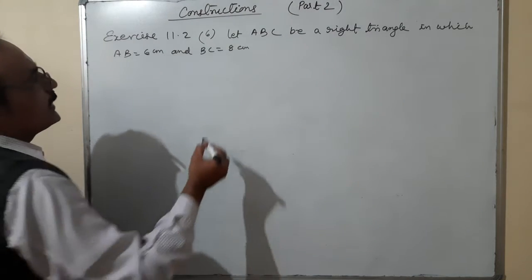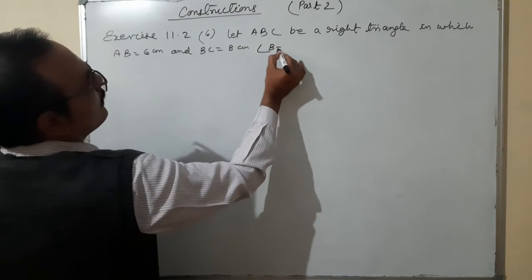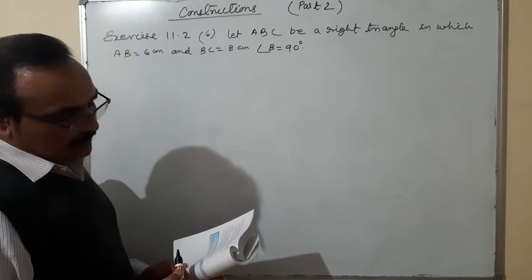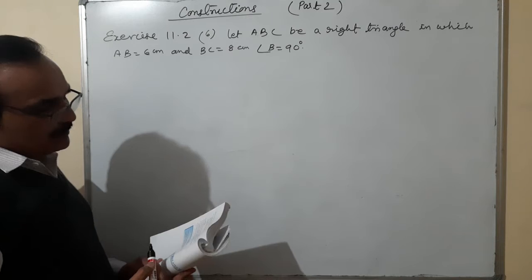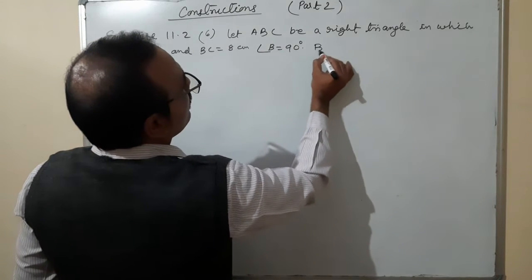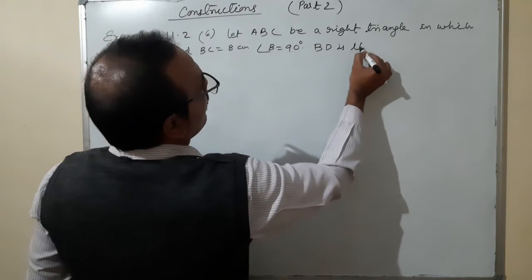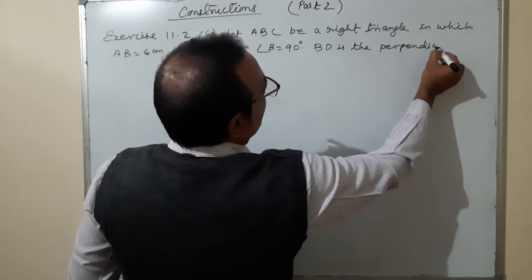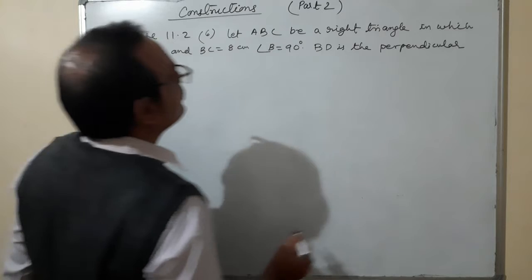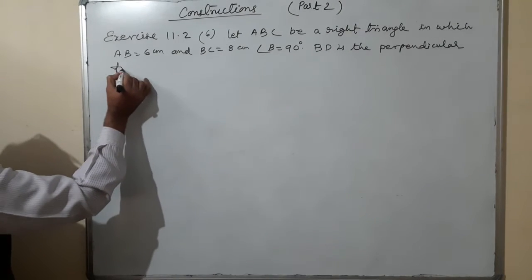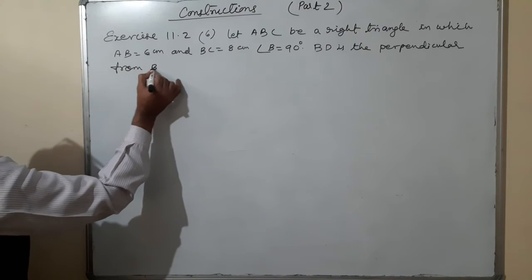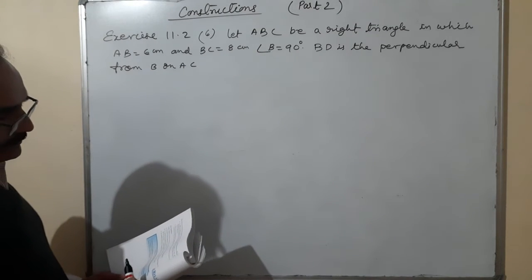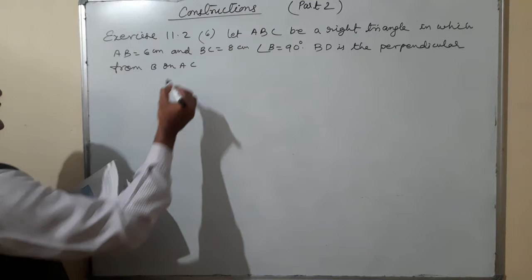Angle B is equal to 90 degree. BD is the perpendicular from B on AC.